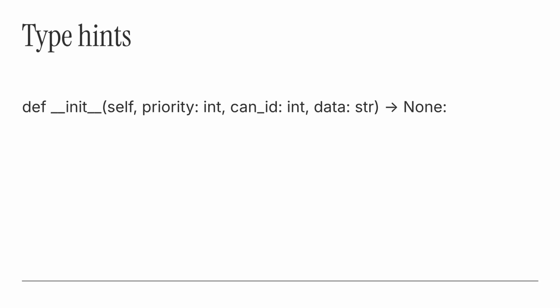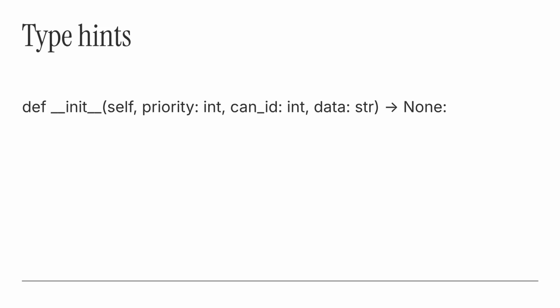In Python, variables are dynamically typed, so you can actually use any kind of data in any variable. However, this example from my class VLCB format shows that it takes a value for a priority, which is an integer, CanID, which is also an integer, and some data, which is a string.